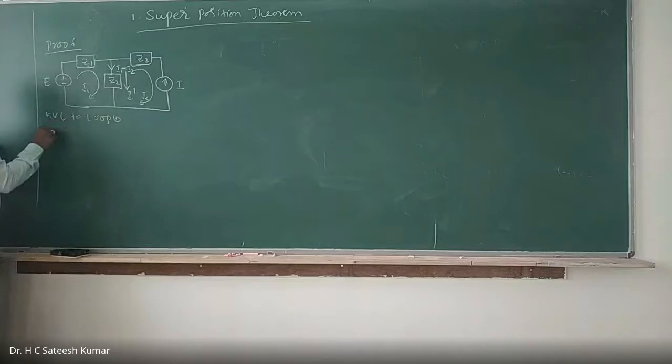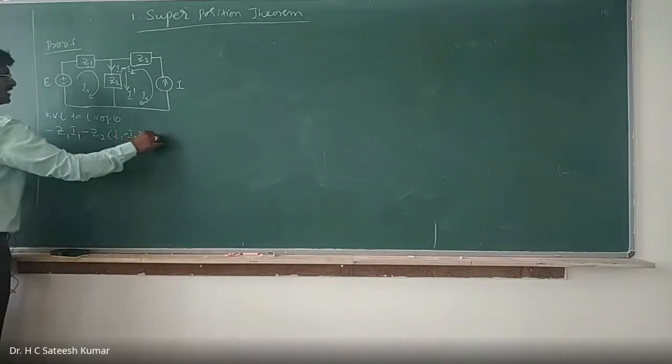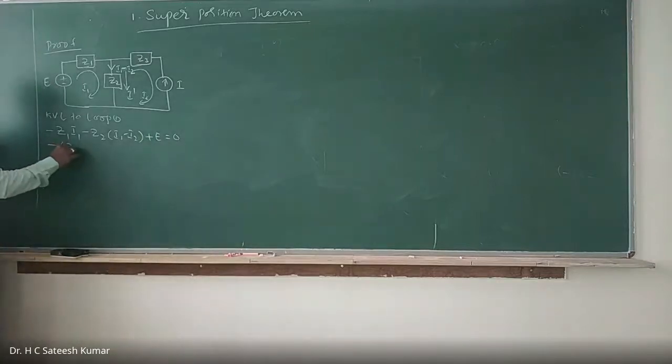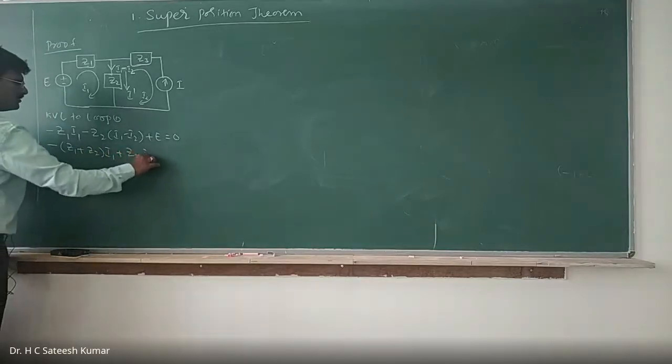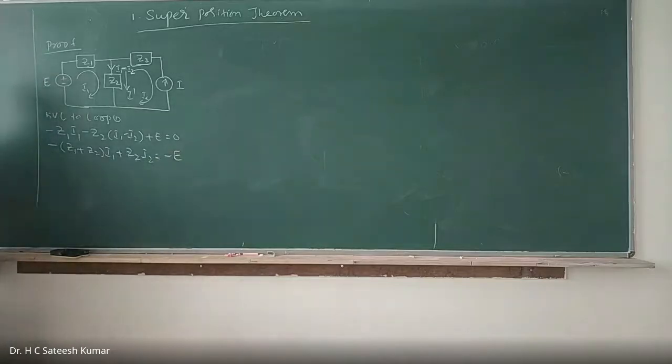Same direction current: minus Z1 into I1, minus Z2 into (I1 minus I2), plus E is equal to 0. Minus of (Z1 plus Z2) into I1 plus Z2 into I2 is equal to minus E. Okay, right. Now this is one equation, we got it.